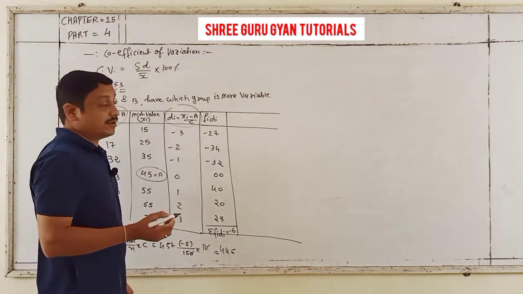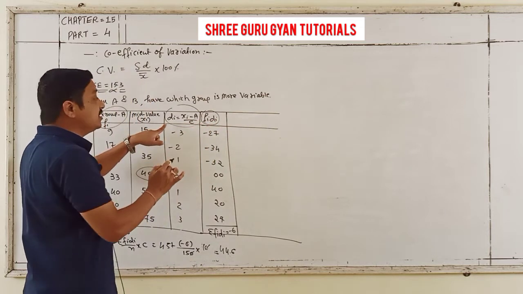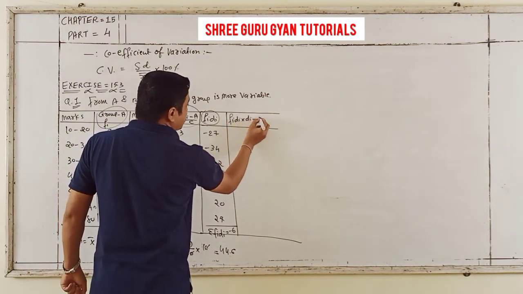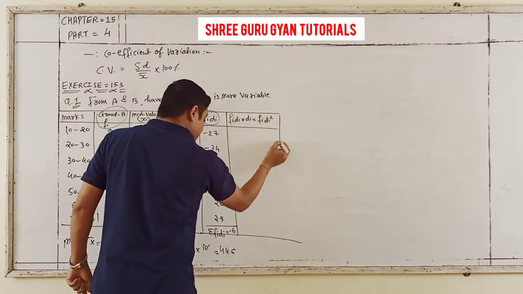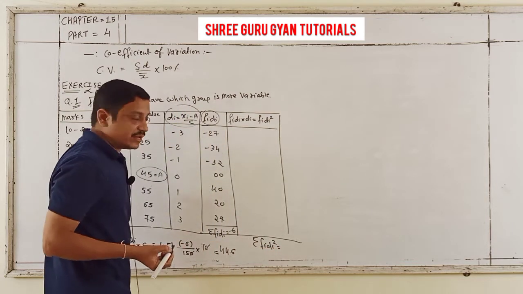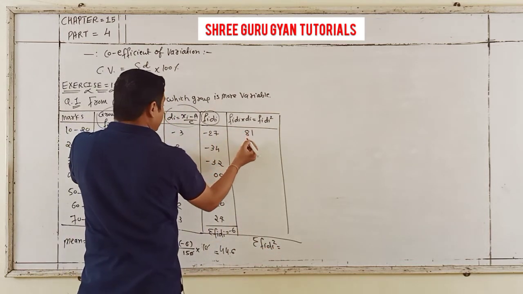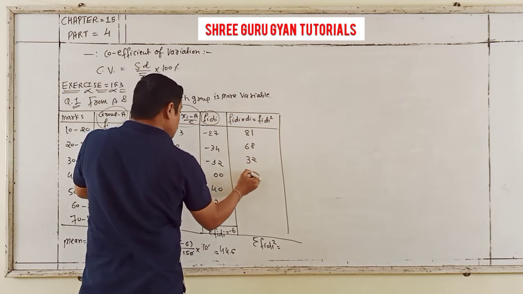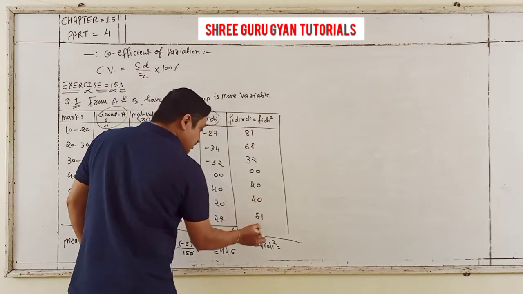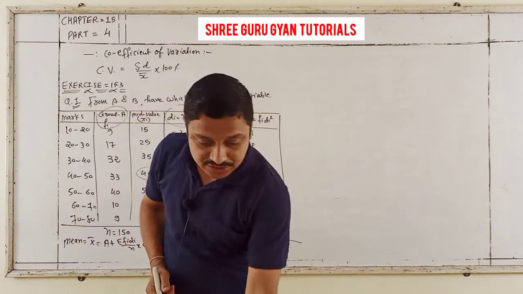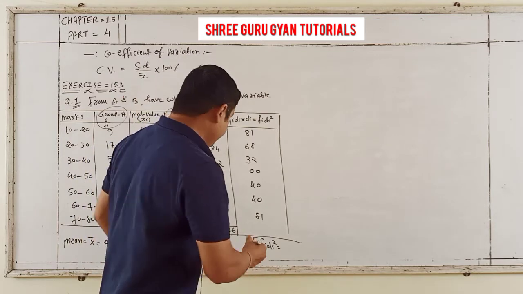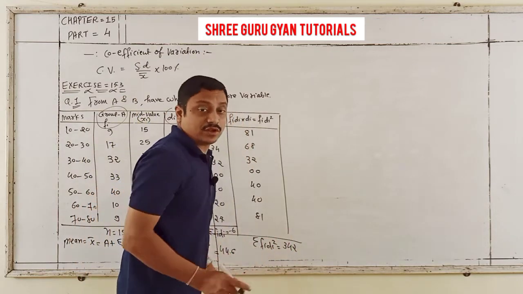Now I will go to the second process: fidi with di, meaning fidi into di, which is fidi square, and then the total, to get the standard deviation. 27 threes are 81, here 68, 32, 0, 0, 40, 40, and 81. Adding the total, the value is 342; I checked once more, the total is 342.